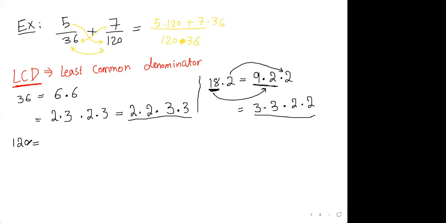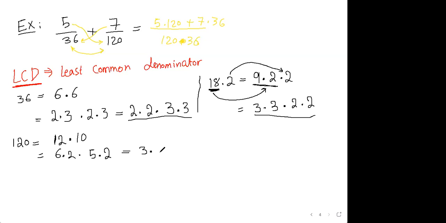Give me two numbers that multiply to 120. 20 times 6, this is true. Or 12 times 10, this is true. So let me take 12 times 10. Then I factor the 12. Who will give me the factor for 12? 6 times 2. What's the factor for the 10? 5 times 2, right?